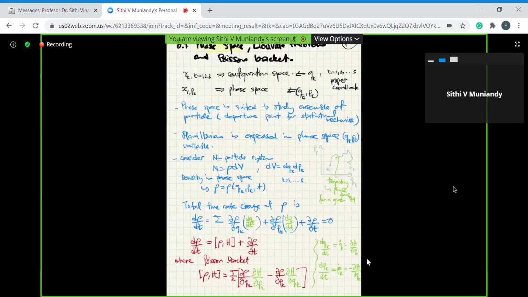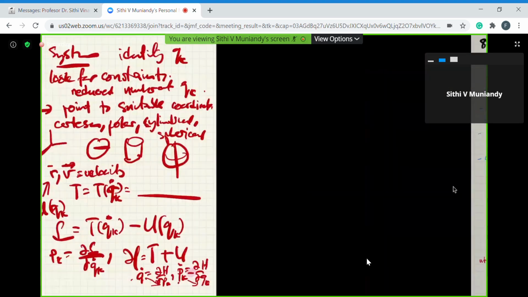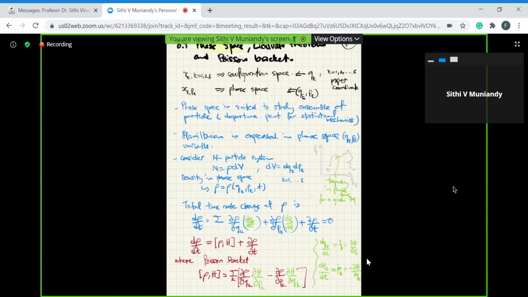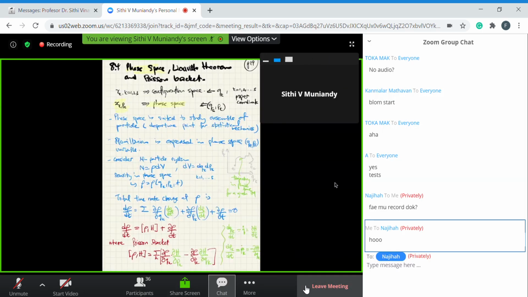So phase space essentially is the coordinate system of P and Q. Okay, and we did mention in some of the lessons before, if you look at yourself now, you exist in a phase space. Your position and momenta define where you are now, whether you are at rest or you're moving around at your home.